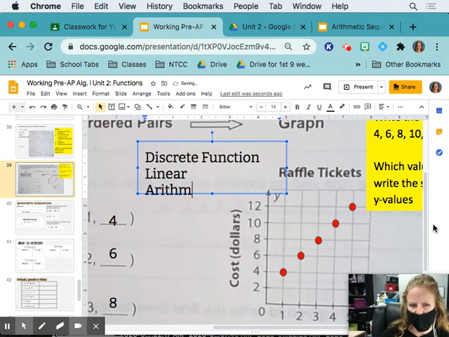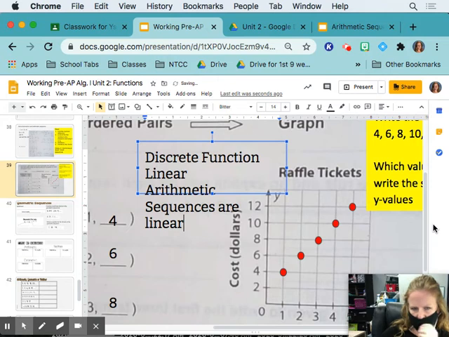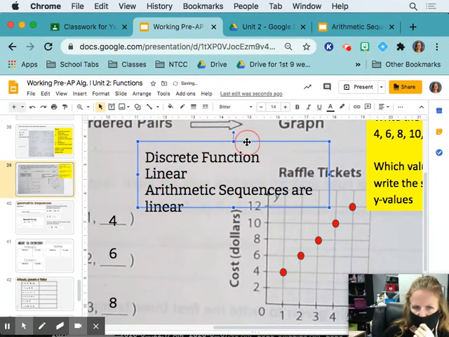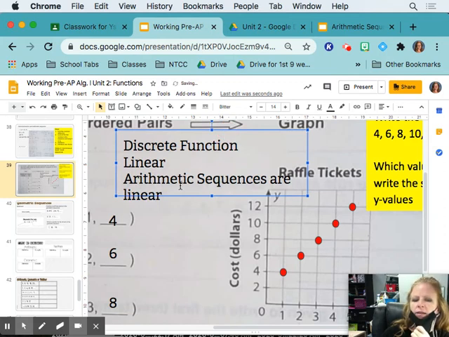So arithmetic sequences are linear. So that is the important part of this. Arithmetic sequences are linear.